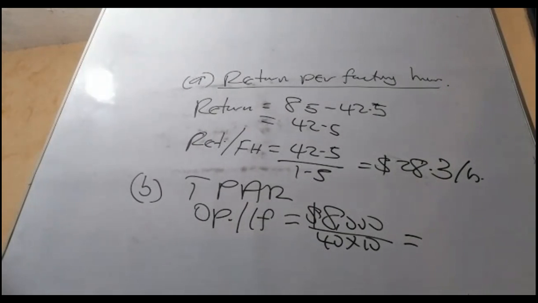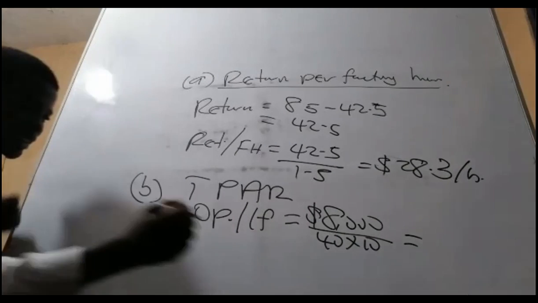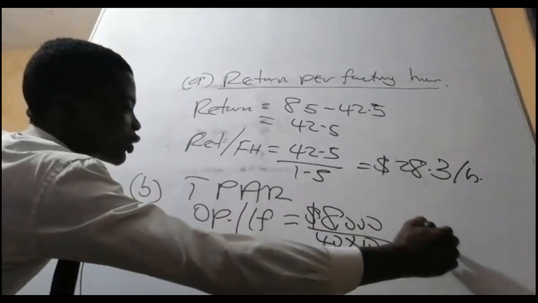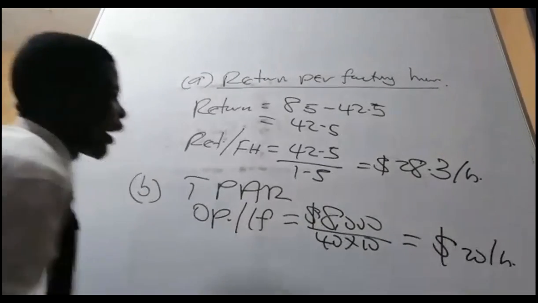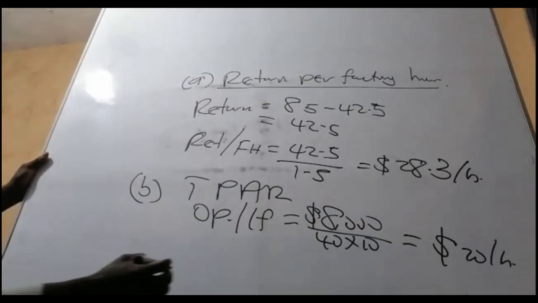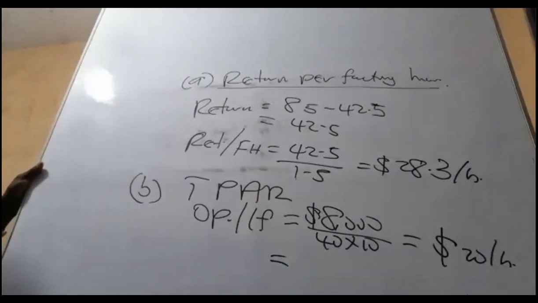So 8,000 by 400 will give us 20. So 20 cedis per hour.